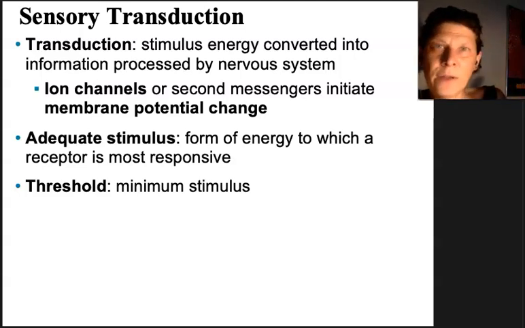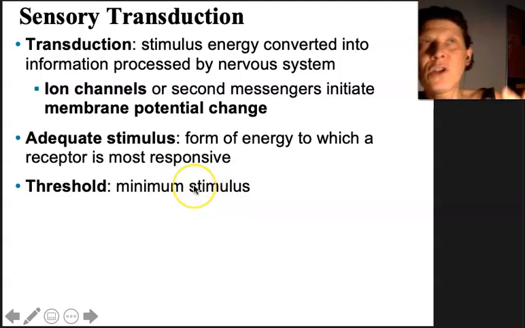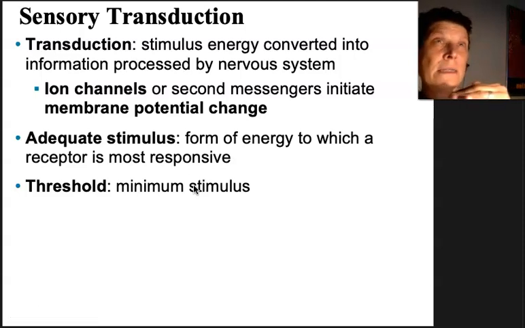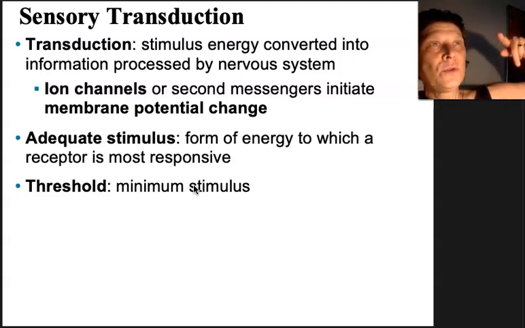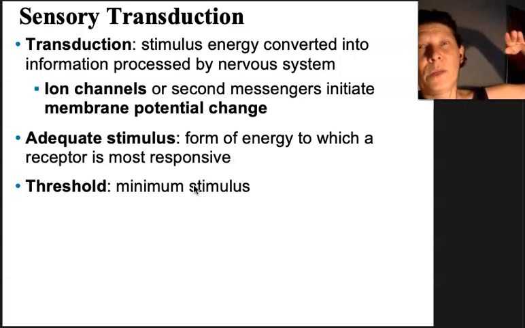And just like in every other membrane change, in order to initiate an action potential, there is a threshold. And that threshold is a depolarization value at a minimum stimulus. We talked about this in the sense of a resting membrane potential being at minus 70 millivolts, and then a threshold stimulus would have to reach depolarization to minus 55 millivolts.